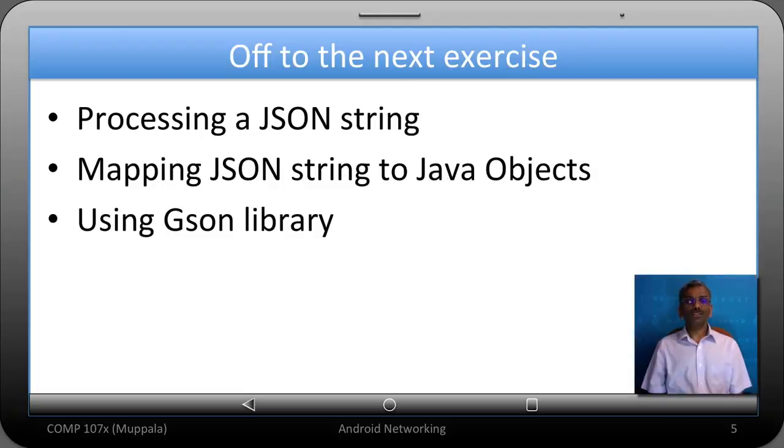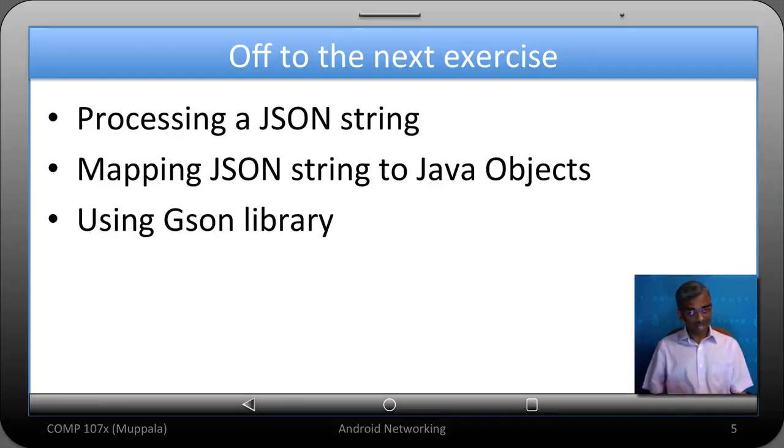So let's move on to the next exercise where we'll look at processing a JSON string. We'll build up the networking part of it step by step. First, we'll look at how you would process a JSON string if you're already given one within the application. Next, we'll see how we can process a JSON string if you need to read it from a local source like a file.